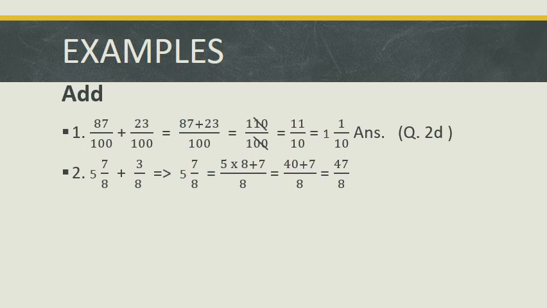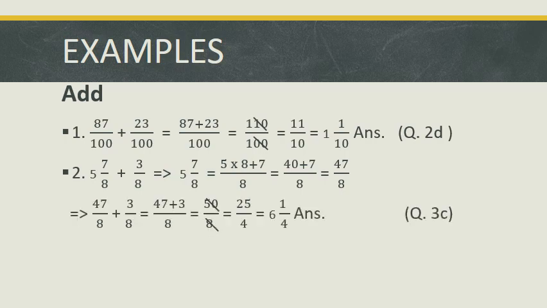Now, after changing the mixed fraction to an improper fraction, we are going to add these two like fractions. So, in the next step, we are adding 47 by 8 plus 3 by 8. So, now we will do the usual thing. And what is that? We will add the numerators, and then in the denominator place, we will put the common denominator, that is 8.